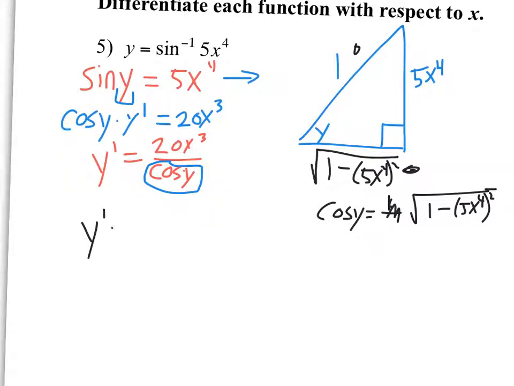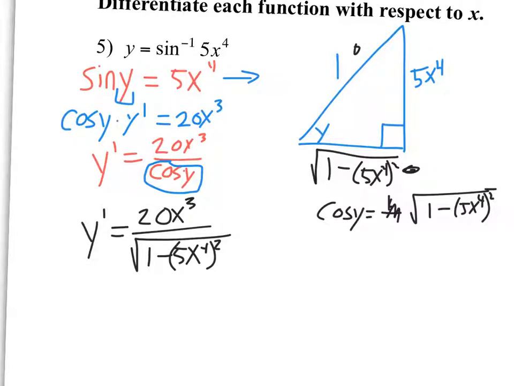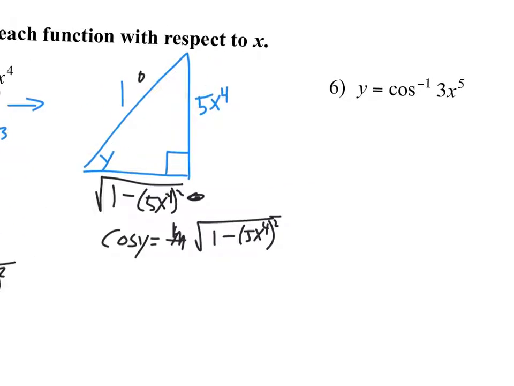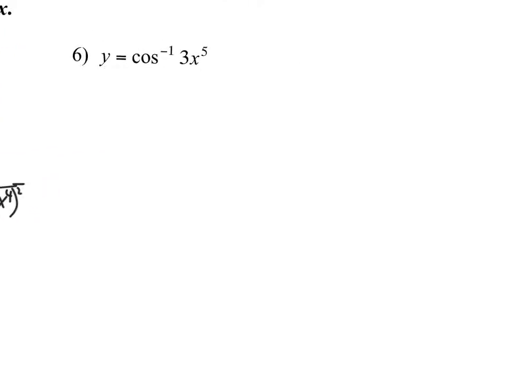Which means that y prime is equal to 20x to the third over the square root of 1 minus 5x to the fourth quantity squared. I'd also like you to notice that the thing on top is the derivative of this lovely thing inside the parentheses there. I wonder if that's a chain rule thing. Oh, wait, it is.